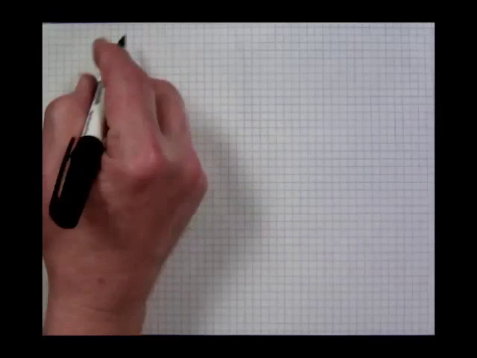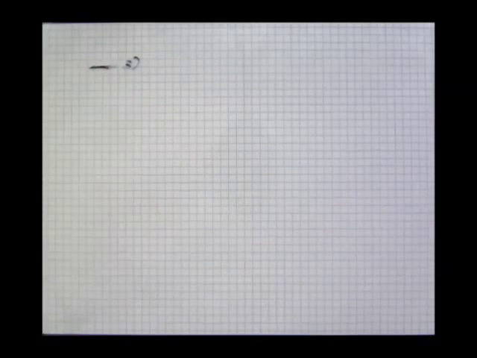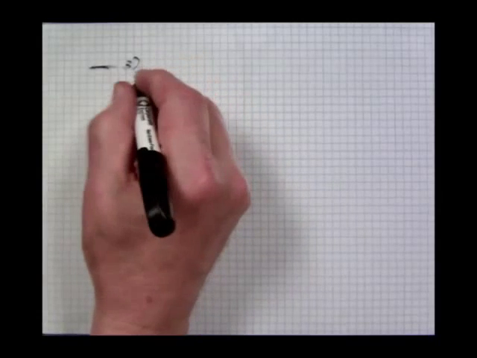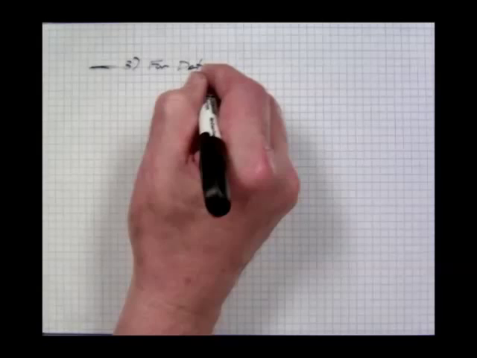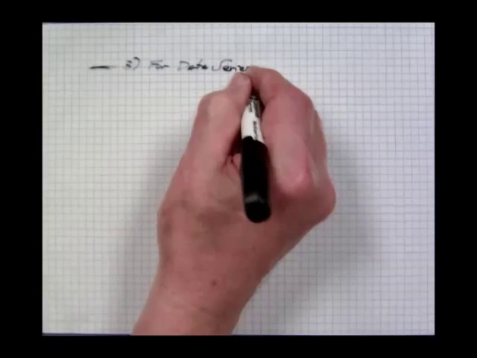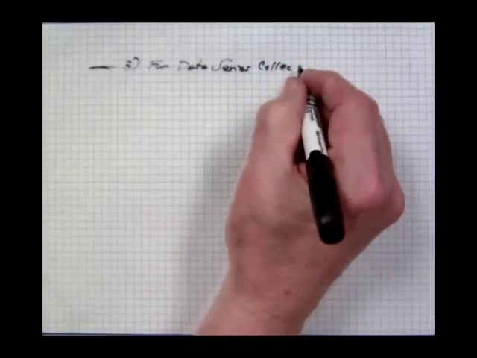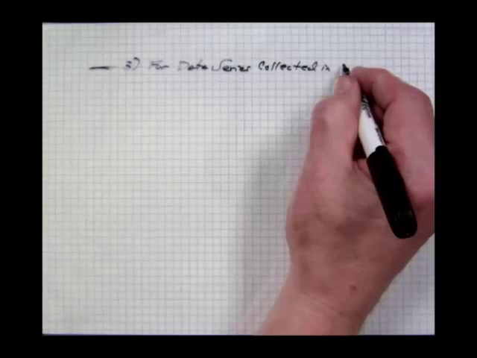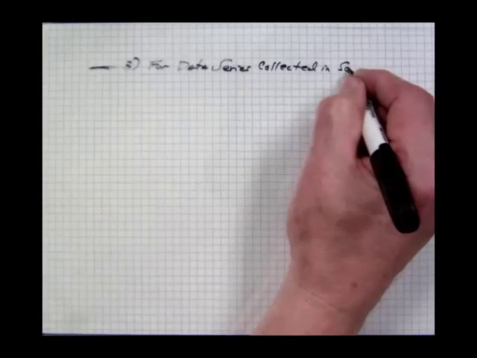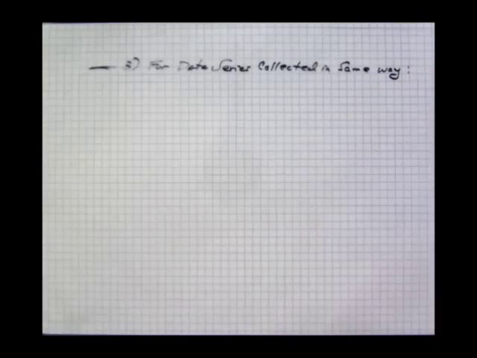Okay, so number 3 is for data series collected in the same way. That's simply, okay.